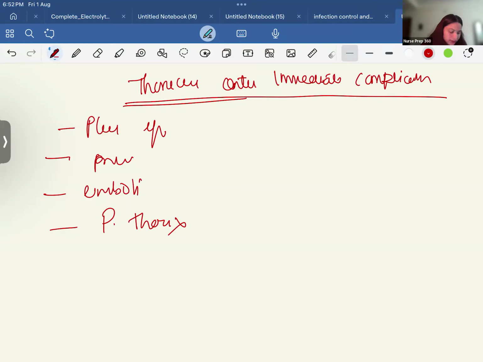Write it down. A nurse is caring for a client with a chest tube for treatment of pneumothorax. Which is essential to have at the bedside? You are doing a chest tube for a patient of pneumothorax. What is the essential thing you are going to keep at the bedside? You tell me what you think. Nasal cannula, oxygen.